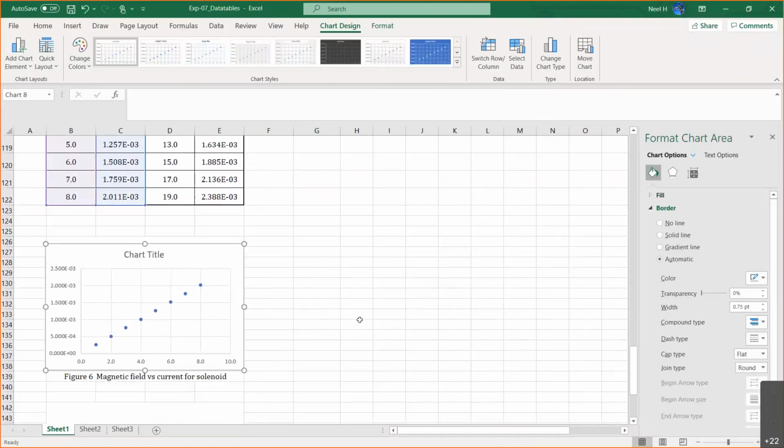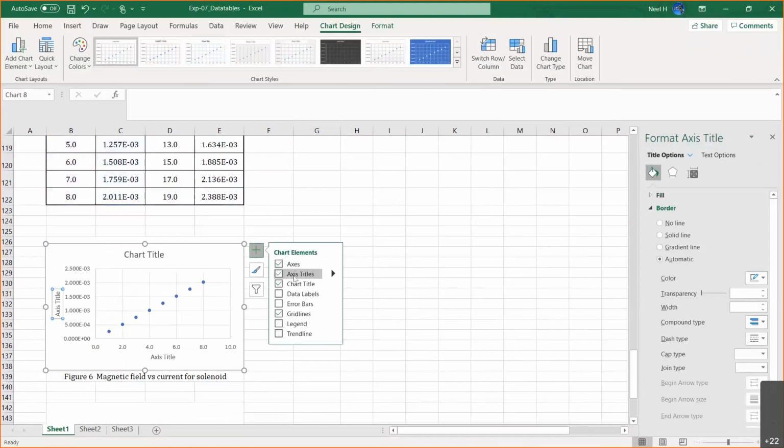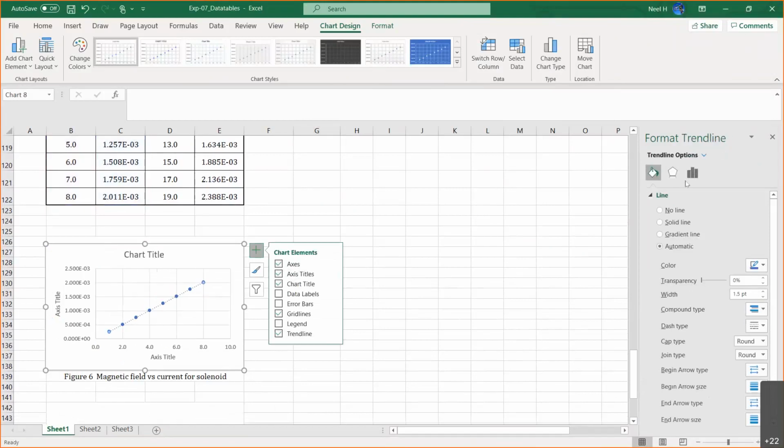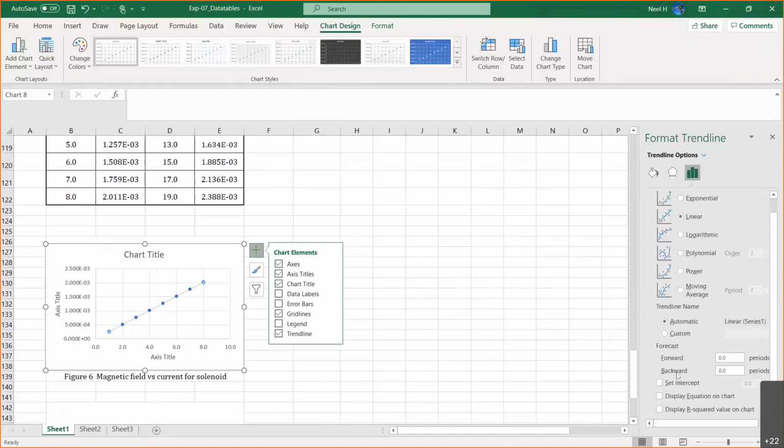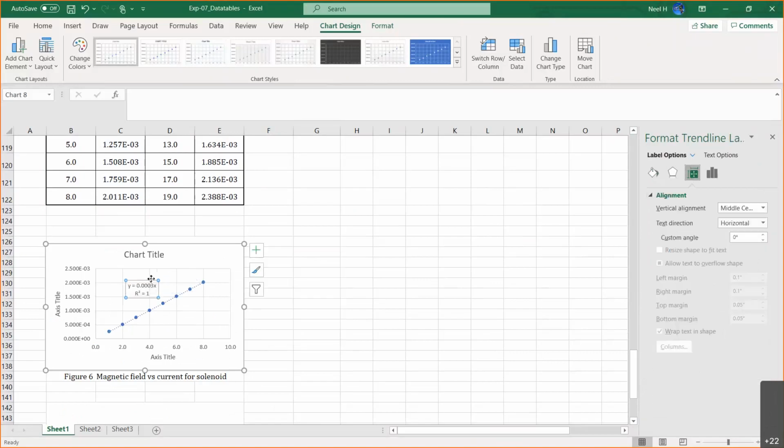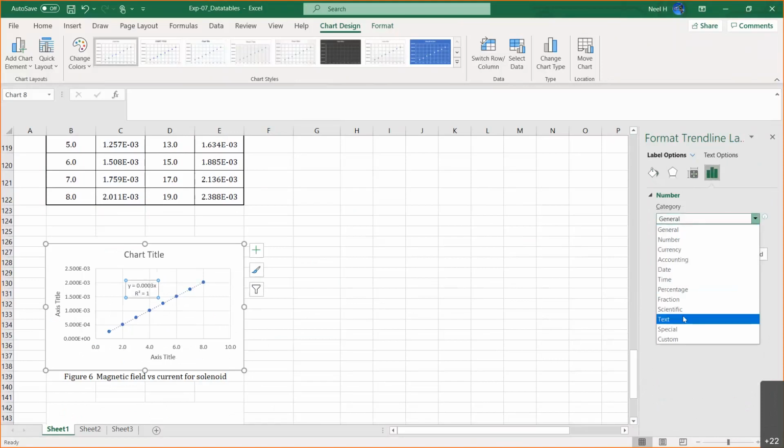I think we have a few more minutes, but by taking the slope, we could do that calculation again, okay? Make sure you have axis titles, trend line, linear, and also fit the trend line to the linear fitting. These three I can click because by using the slope, I can actually re-estimate mu 0, okay? But you don't need to do that since it is not asked here, but technically we could if we want to.